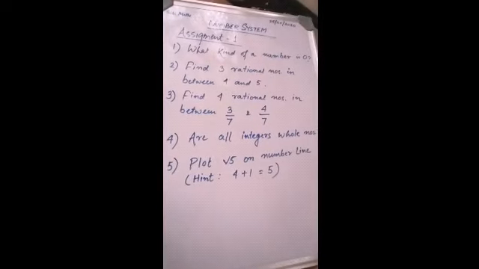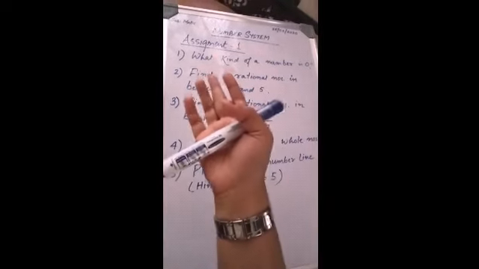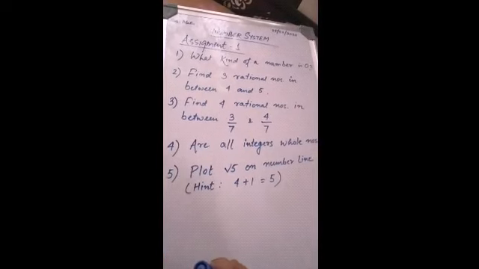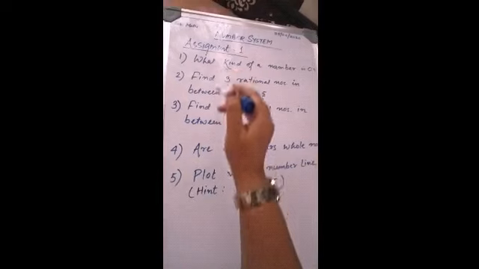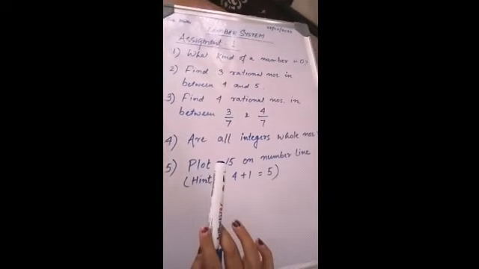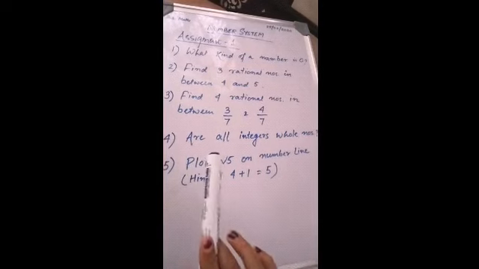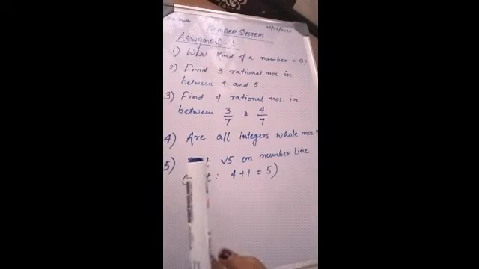Now from today's lecture, I am giving you one assignment. This is your assignment 1. Here I have given you 5 questions, and you need to work out the sums and send it to me within 1 day.